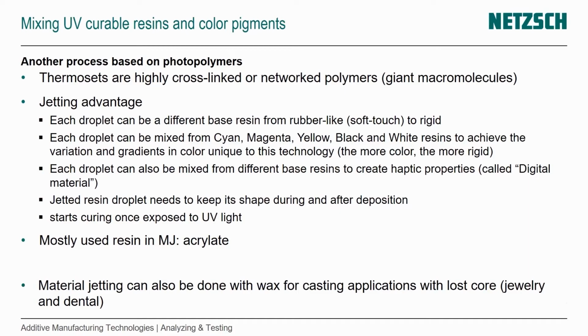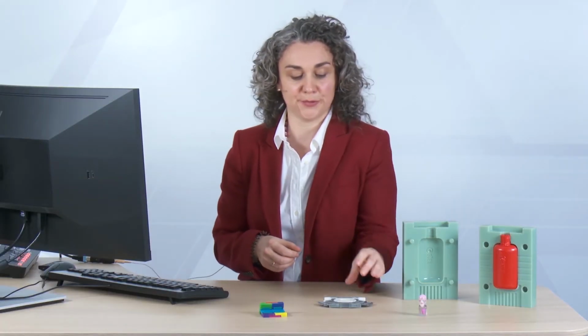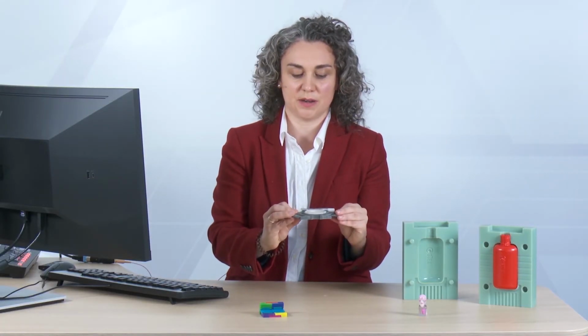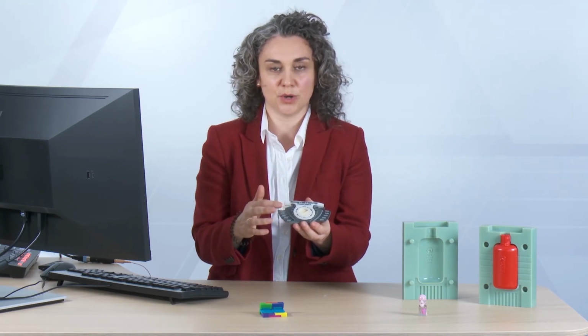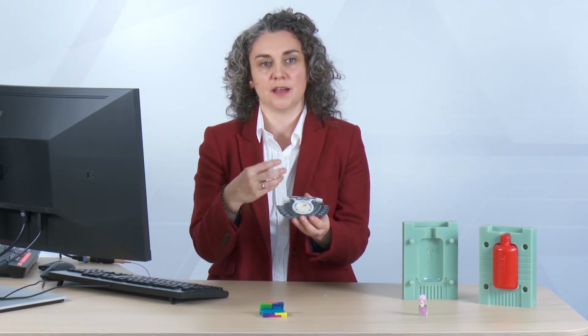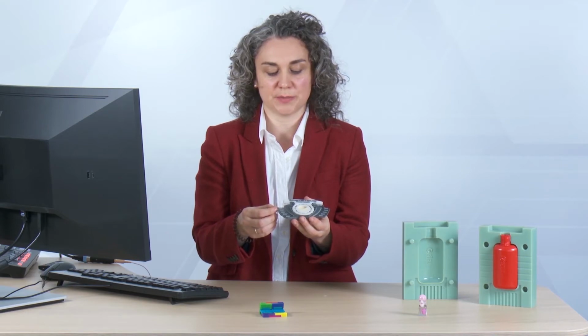And the advantage of jetting is that each droplet can be a different base resin, from rubber-like, soft touch feeling to rigid. And I have an example here for you. This part is a demo part from 3D Systems that includes a different material feel in one part because the droplets were created out of a mixture of different materials.